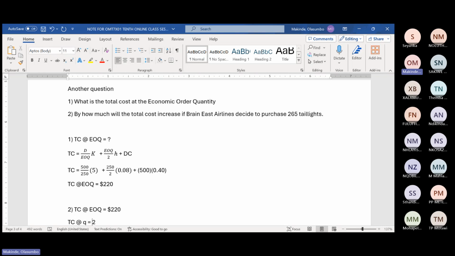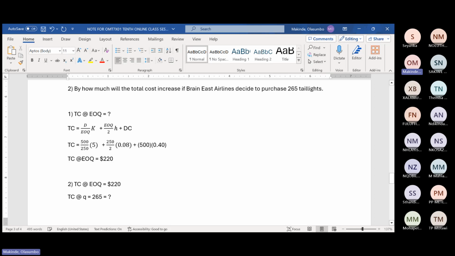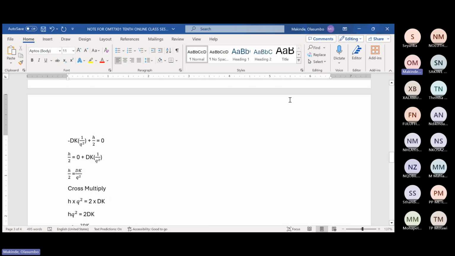Whatever result we get, you find the difference: TC at Q equal to 265 minus TC at EOQ, the bigger one minus the smaller one, and that will give you the cost increase. And you'll be able to see whether the cost is high or low as compared to the cost at EOQ.